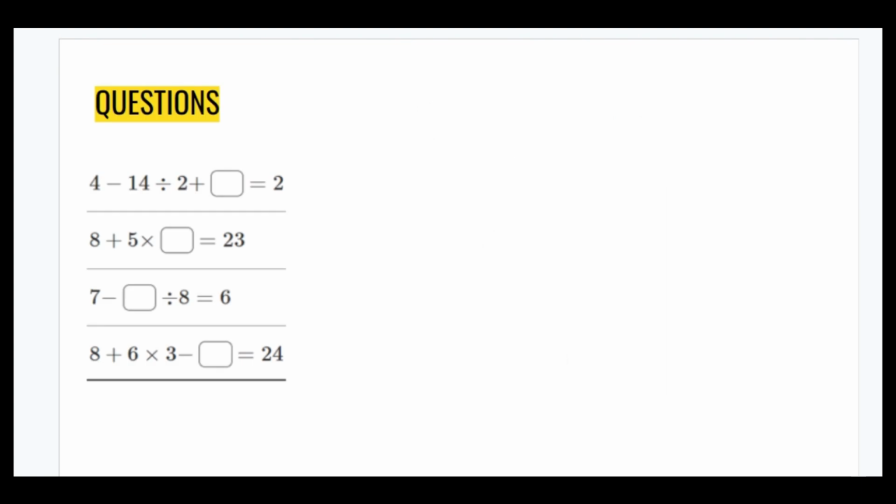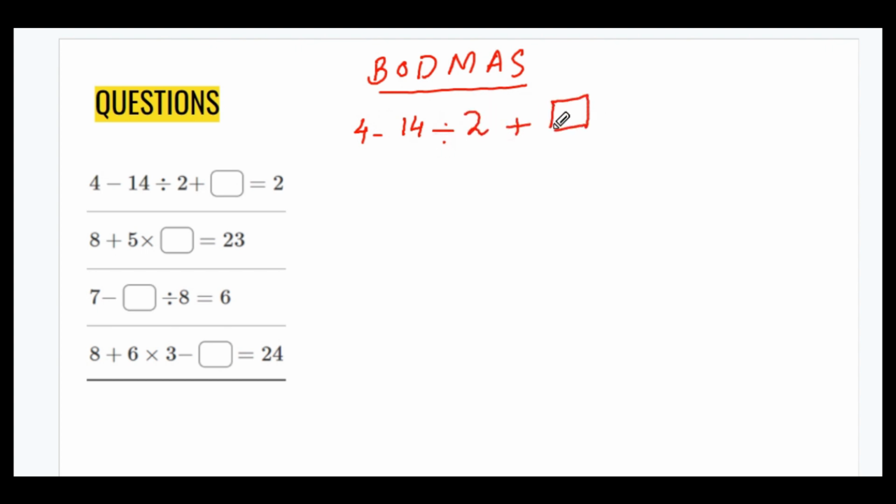Okay guys, now let's start with our first question. 4 minus 14 divided by 2 plus what number equals 2? First I'm going to write my BODMAS rule over here.